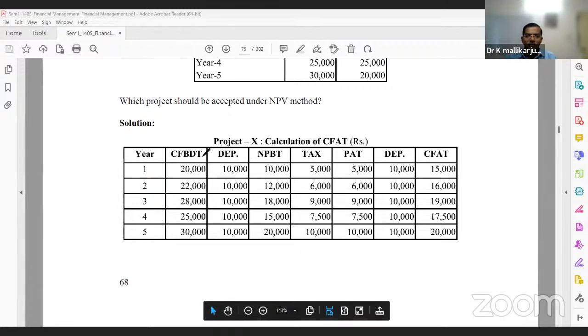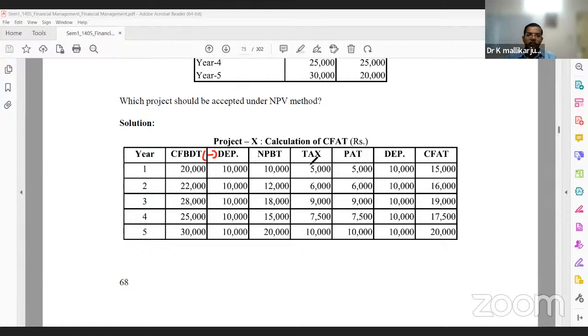Cash flows minus depreciation will give net profit before tax. Now we deduct the tax, 50% on the cash flows. 10,000, 50%, 5,000. 12,000, 6,000. 18,000, 9,000. 15,000, 7,500. This is called PAT, profit after tax. 10,000 minus 5,000, the answer is 5,000. 12,000 minus 6,000, 6,000. 18,000, 9,000.